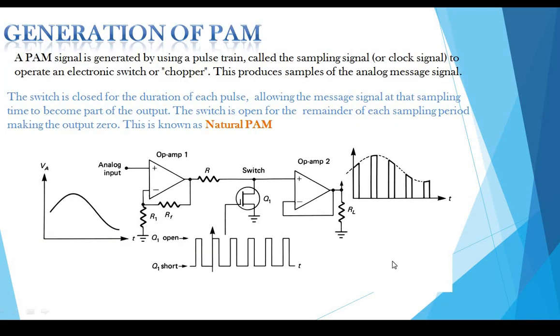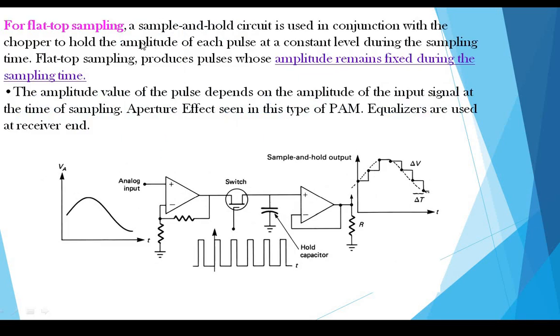Now next, for flat top sampling, the sample and hold circuit will be used. The sample and hold circuit is used in conjunction with the chopper circuit to hold the amplitude of each pulse at a constant level.